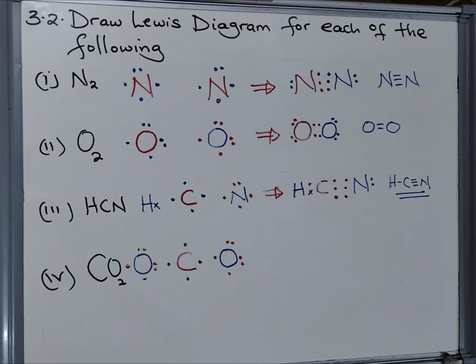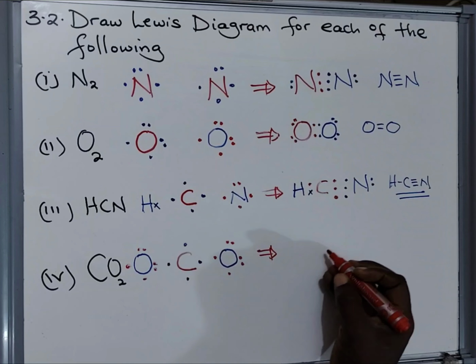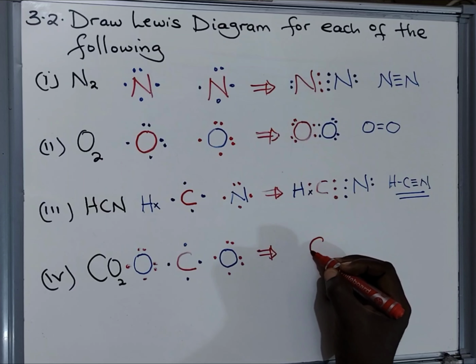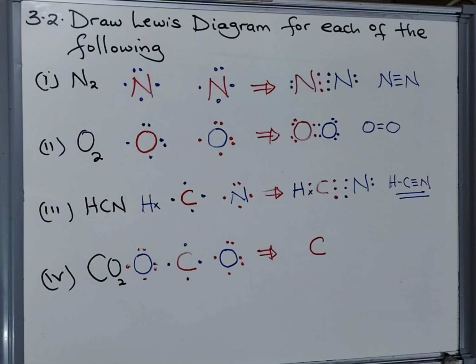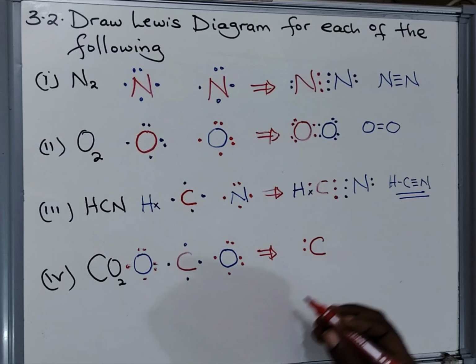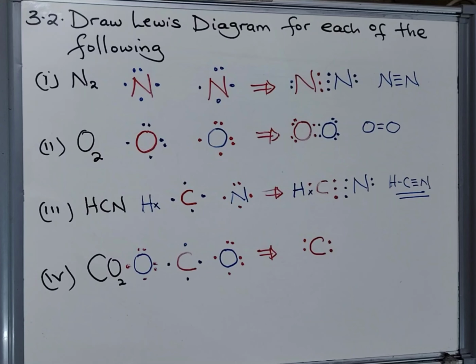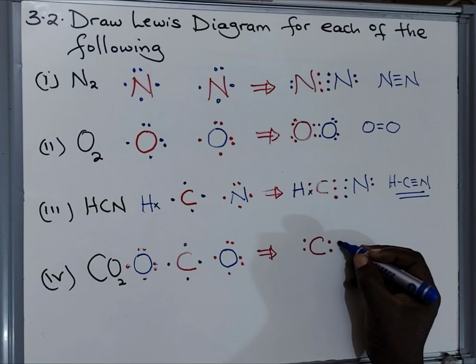So if we rearrange, this is what we are going to get. We are going to get our carbon, and the 2 bonding electrons come that side to bond with 1 oxygen, and these ones come this side to bond with that oxygen. Then oxygen comes, brings its 2 unpaired, and like that.